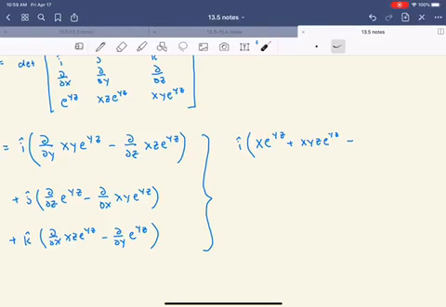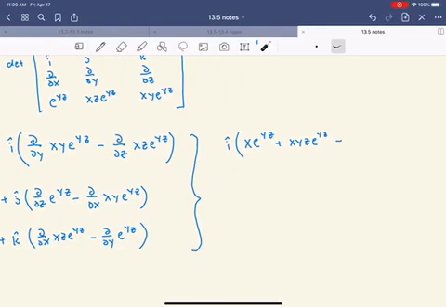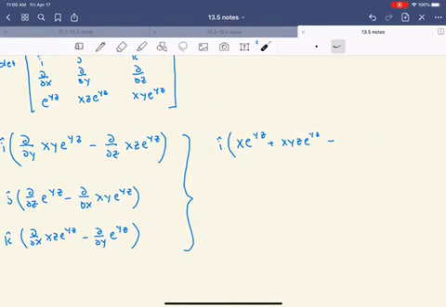Okay, so derivative of xy is just x times the e to the yz, plus the xy times the derivative of e to the yz with respect to y, which is z e to the yz. Okay, minus, now the derivative of this with respect to z.